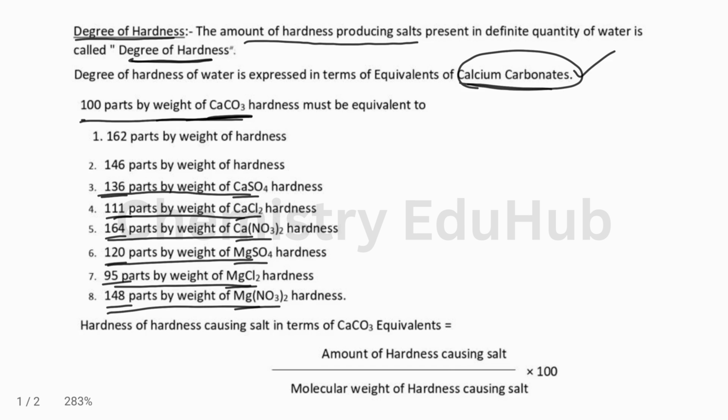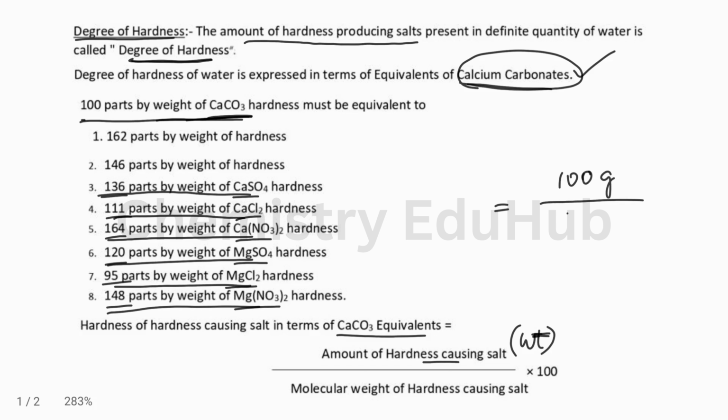So hardness causing salt in terms of calcium carbonate equivalence can be calculated by using a simple formula: the amount of hardness causing salt, in the sense the weight of that salt present in a given amount of water, multiplied by 100 and divided by the molecular weight of that salt. So let us see, if there is 100 grams of calcium carbonate in the water, what is its molecular weight?